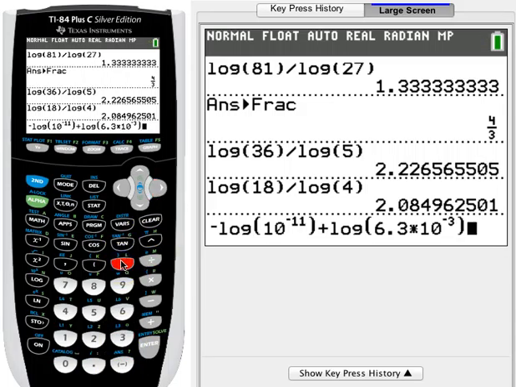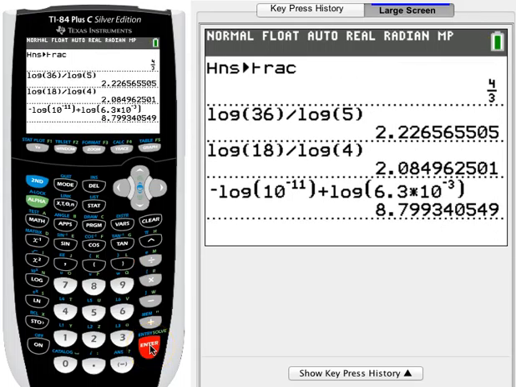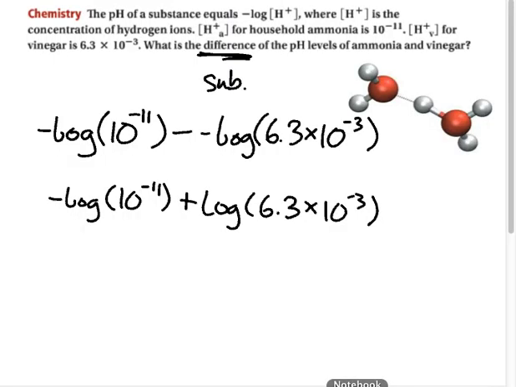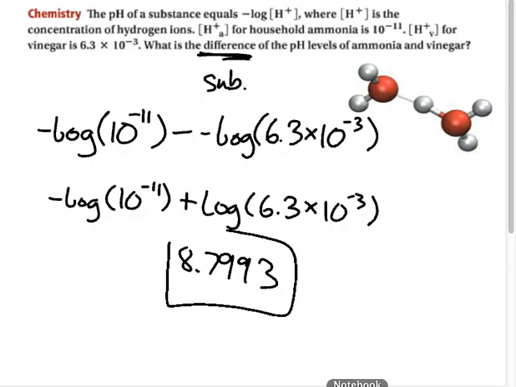So I can legitimately just type all of that into my calculator, and the difference in their pHs is 8.7993. Okay, keeping with that 4 decimal rule, but that's going to be the difference in their pHs, which is quite a big difference in terms of pH. Okay, because the pH scale, we've already talked about, only spans 14. So huge difference, being almost 9 apart.